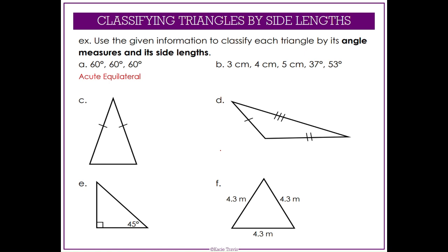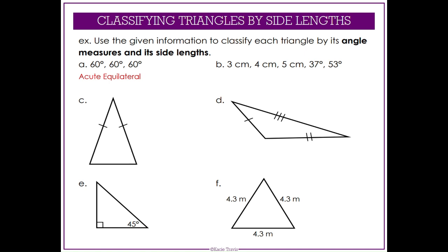Over on B, I give you three side lengths, 3, 4, and 5. All three of the sides are different. That's good to know. But I only give you two of the angles. So you're going to have to use a little bit of know-how to figure out what that third angle is.